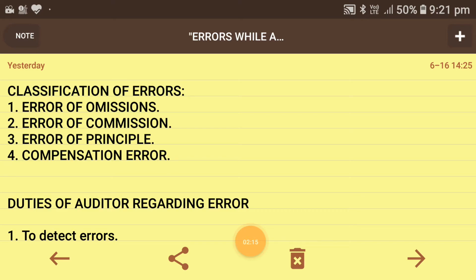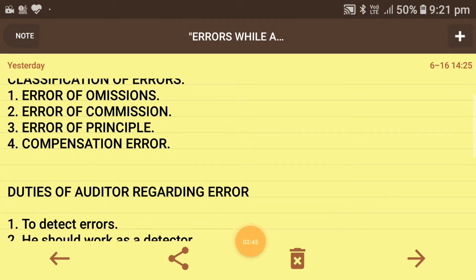Next is error of commission. These errors are regarding wrong totaling of subsidiary books, or writing the wrong amount in the subsidiary books, or positioning the wrong amount in the ledger account, or incorrect balancing of ledger accounts.